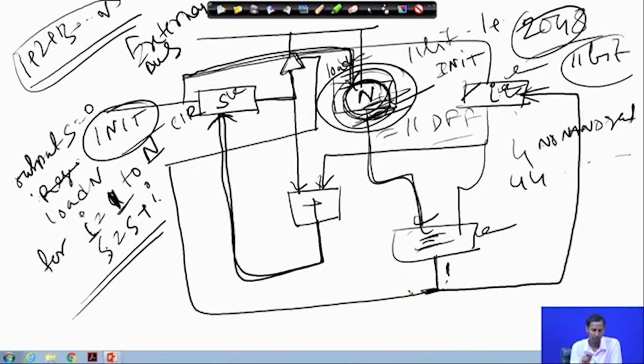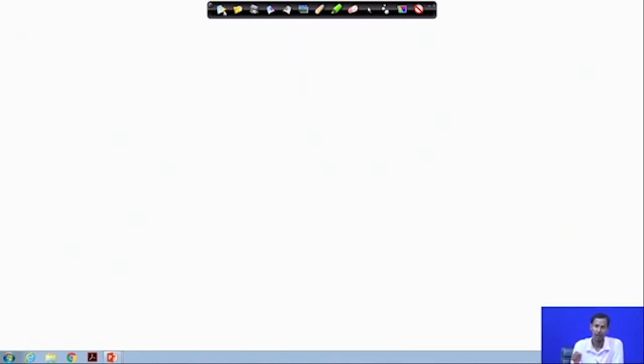At that time there will be a small change in this particular section. What will be the change? What was the logic initially?